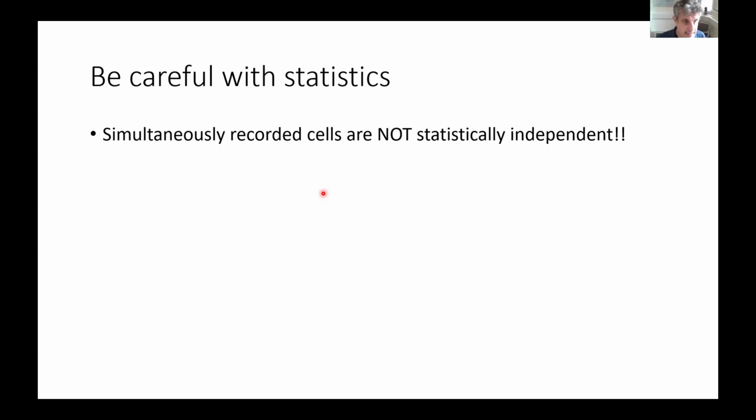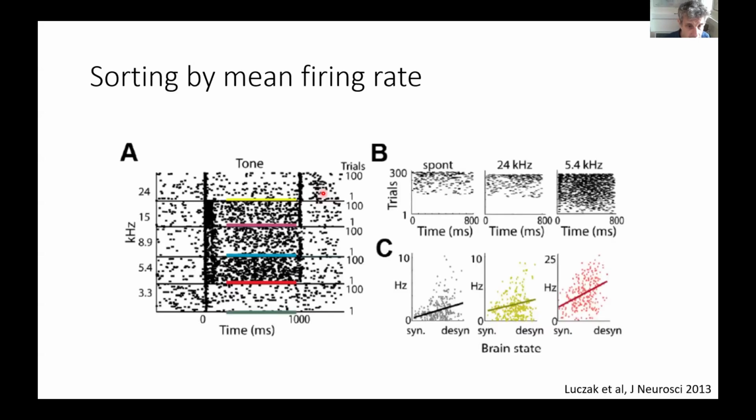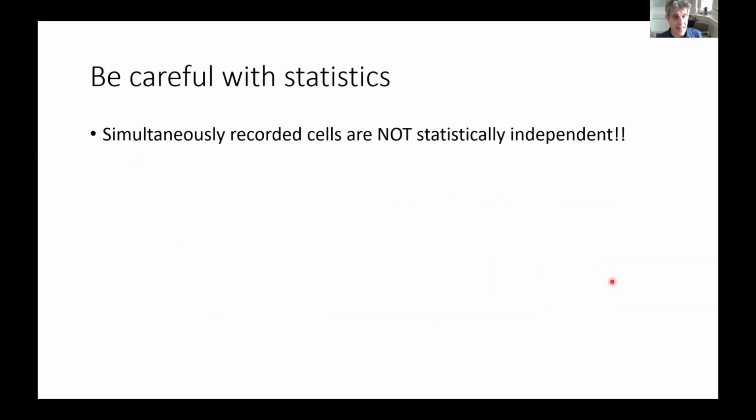The first is that simultaneously recorded cells are not statistically independent. So if we go back here, this neuron has a correlation with brain state. Well, so do all the other neurons you recorded. That means they're not statistically independent, because they all depend on the same thing. And that means you cannot treat them as if they were independent when you do a t-test, for example.